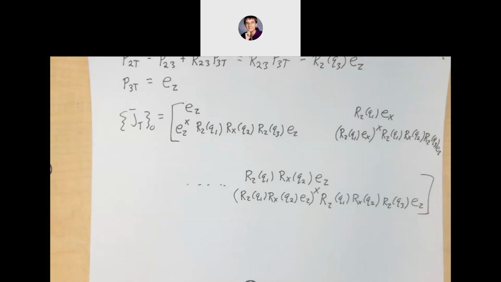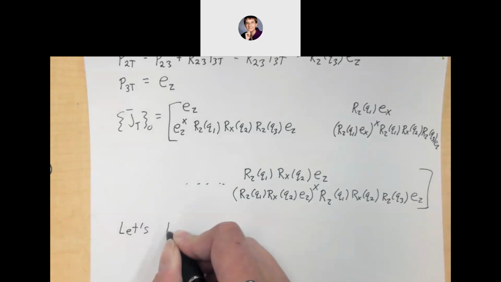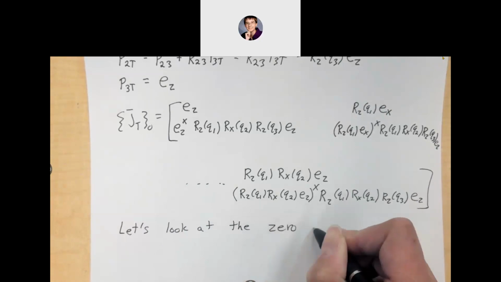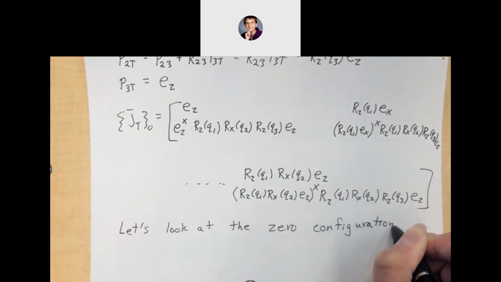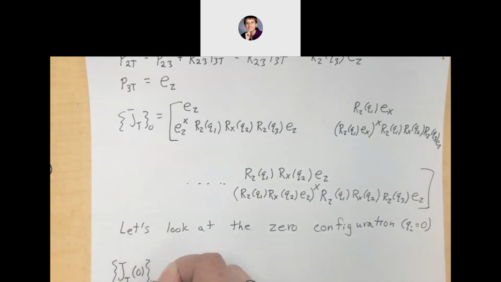And so what we can do is look at what the Jacobian tells us for specific configurations. So let's take, for example, our 0 configuration. All right, so Qi are all 0. So we're looking at our Jacobian.